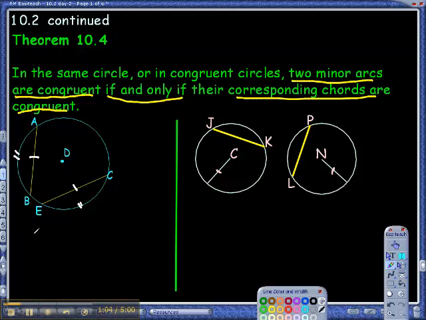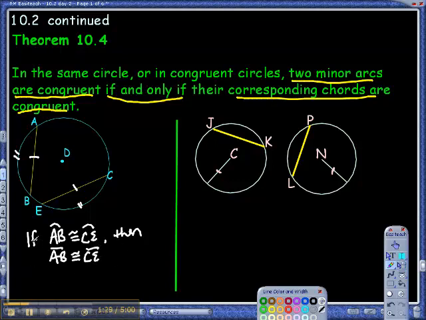So let's go ahead and start off with, if we know that arc AB is congruent to arc CE, then we know that segment AB is congruent to segment CE. Again, because it's biconditional, it works the other way too.